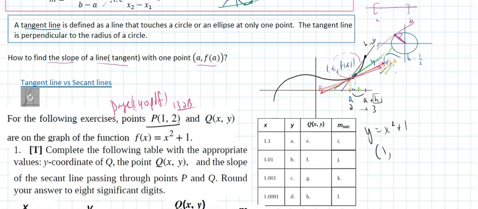Obviously, if you let x equal 1, 1 plus 1 is 2. This point is actually on that curve. They say, pick another point. So this other point is going to be what we were playing with right there.